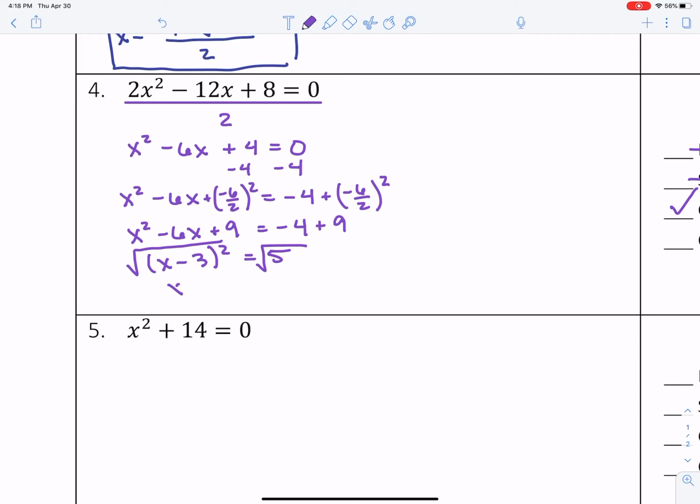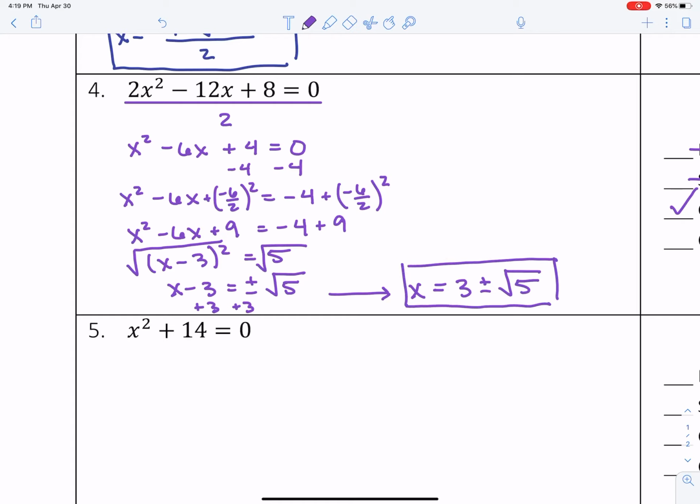And I love, love, love this because it looks so pretty. I ran out of room a little bit, but we're going to add 3 to both sides. But I'll write my answer over here, so that x is equal to 3 plus or minus the square root of 5. And it just is so nice when you get to complete the square. Looks so pretty.